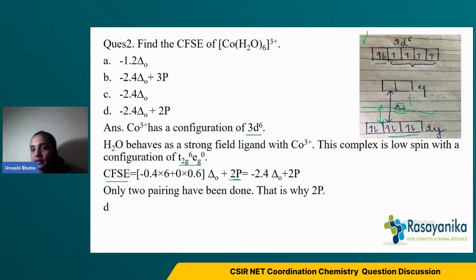You will not consider 3P, because all of them have been singly occupied, and one we have to fill here. So only two pairings have been done, and that is why we get 2P. So the CFSE that we get is minus 2.4 delta naught plus 2P. So this is your answer, D. Okay.